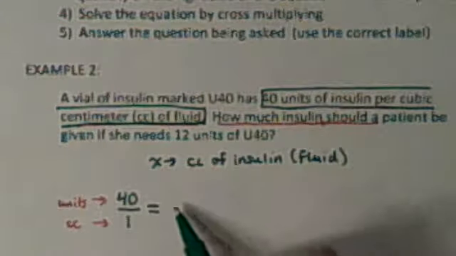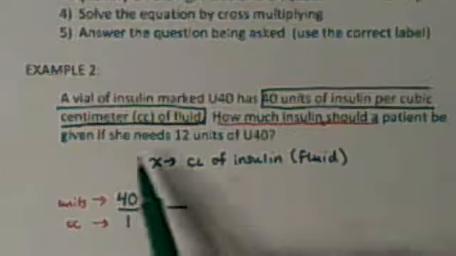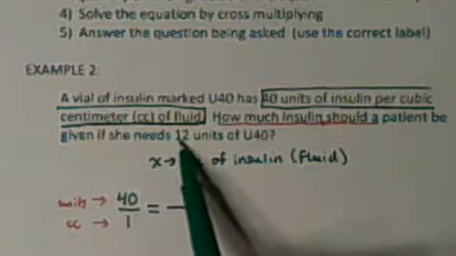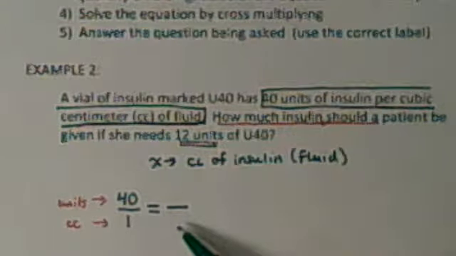Now I need to look at how to set up that equation on the right-hand side. I want to know how much insulin a patient should be given if she needs 12 units of U40. So the other piece I'm given is 12 units. Does that go on the top or on the bottom?